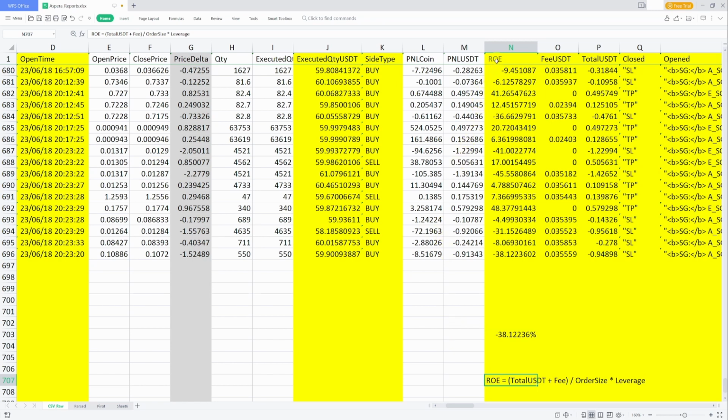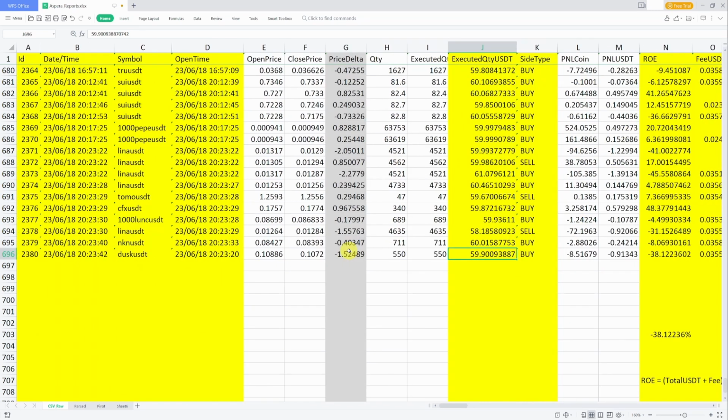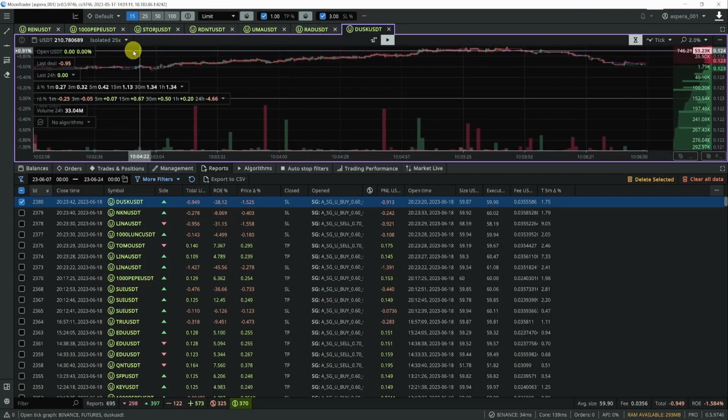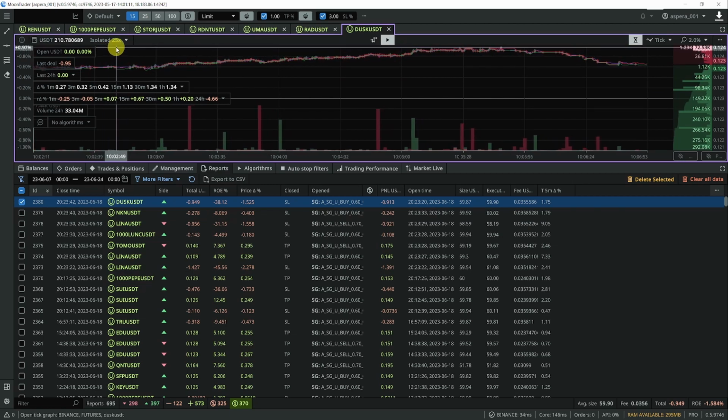ROE, here in the reports, equals total USDT plus fee, divided by order size, right here, and also multiplied in this case by 25. And where does that come from? That is leverage. That is leverage, and if we want to verify that, we go to the coin. In this case it was Dusk. We can go to the terminal, search for Dusk, and we can see that it's 25 margin.